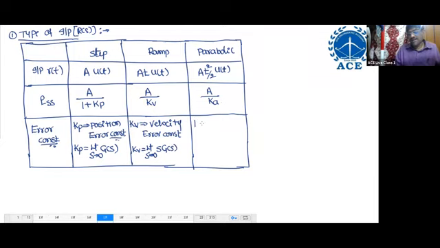Ka is called the acceleration error constant. Ka equal to limit s tends to 0, s square into G of s. That's all. Completed.